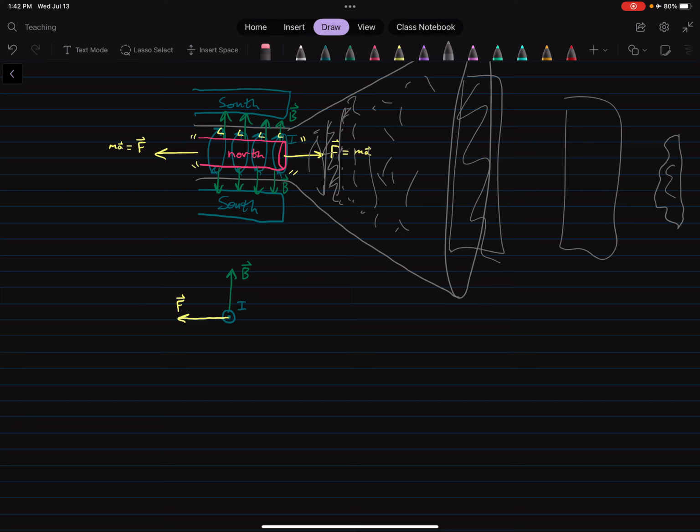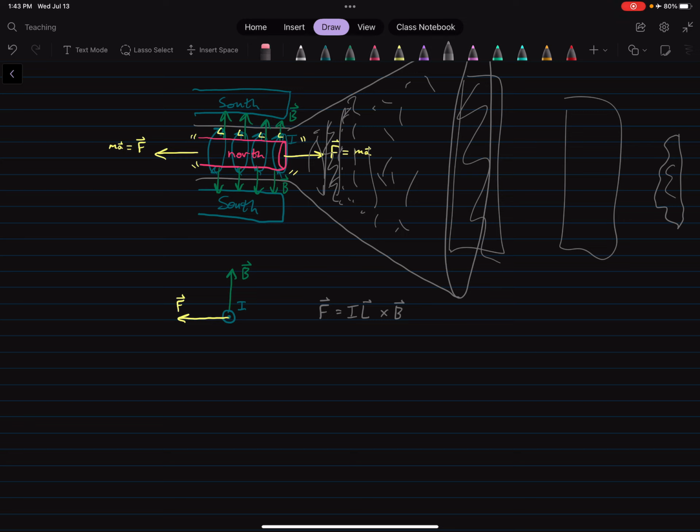And it's caused by this QV, or here in this case, I L cross B. Current in a wire of length L oriented in a certain direction in a B field, which is produced by a north-south magnet orientation, produces the magnetic force on that current, which moves that whole block. I just think that's so cool. So that's how a speaker works.